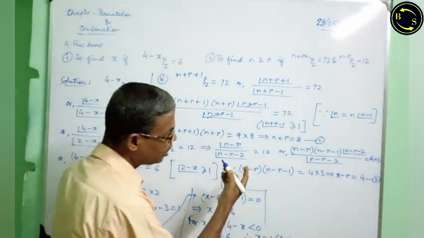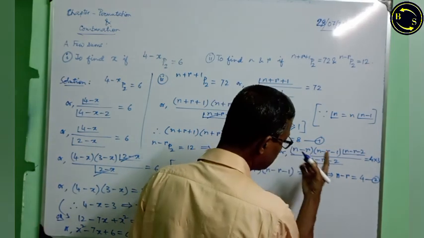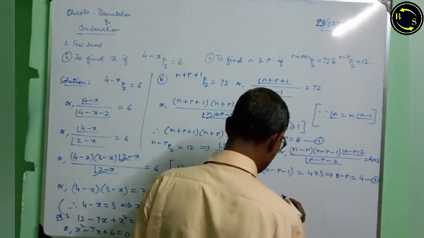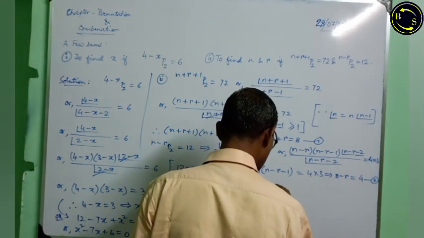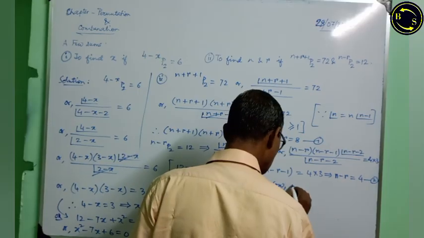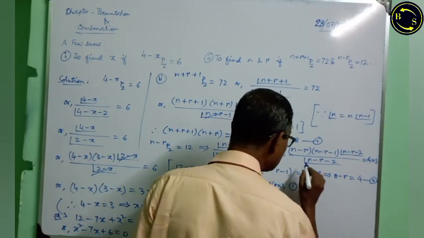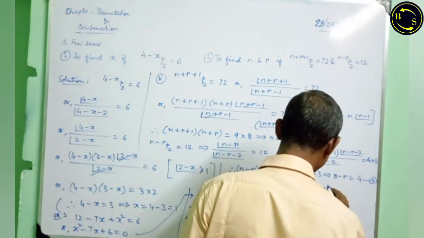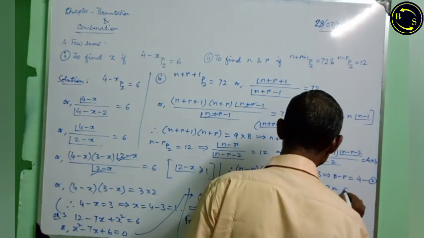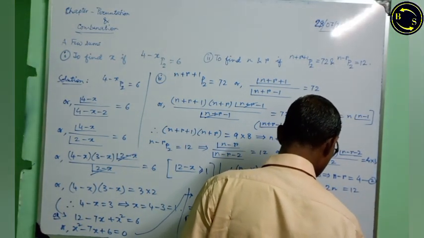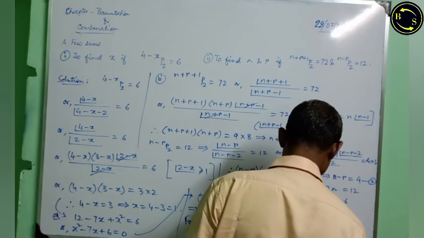Thus we have got N plus R equal to 8, N minus R equal to 4. Now, 1 plus 2, adding these two, what we get? 2n is equal to 12, therefore n equal to 6.